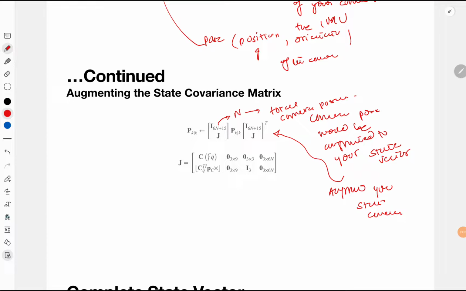So every time you update or have a new number of camera poses augmented to your state, every time the IMU data gives you a prediction, you add a new camera pose based on that new prediction, and then based on that state, you make additions to your covariance matrix.